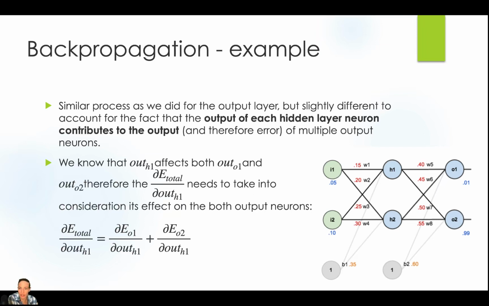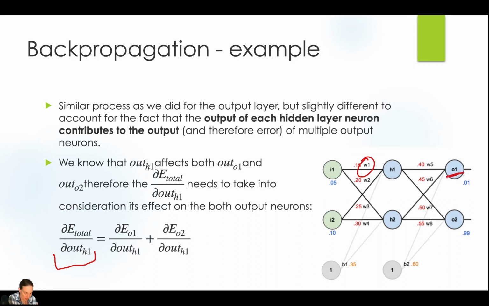So the output of each hidden layer neuron contributes to the output and thus also the error of multiple neurons. Okay. All right, so if we take a look at the total error given a change in W1, I think we're still calculating W1, it's not going to only influence our output node 1 like we had in our previous example.